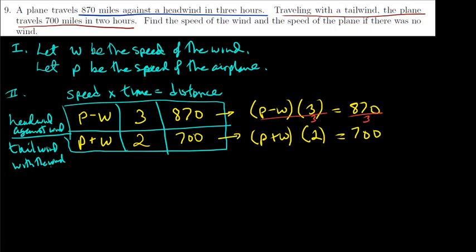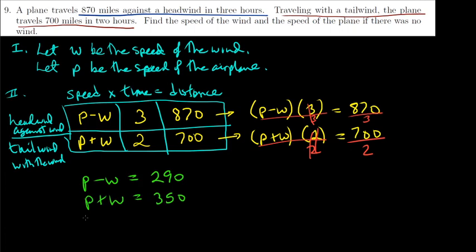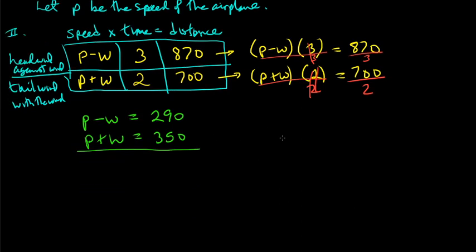So the first equation just becomes p minus w is equal to 290. Right? And for the bottom equation, we just divide both sides by 2. Right? So the 2's cancel, and we end up with p plus w is equal to 350. Okay, so that's our system of 2 equations and 2 variables.